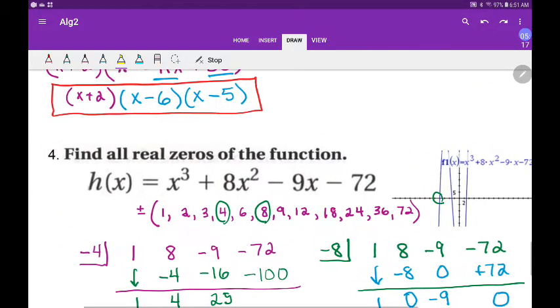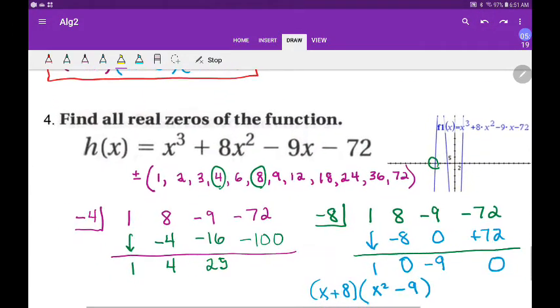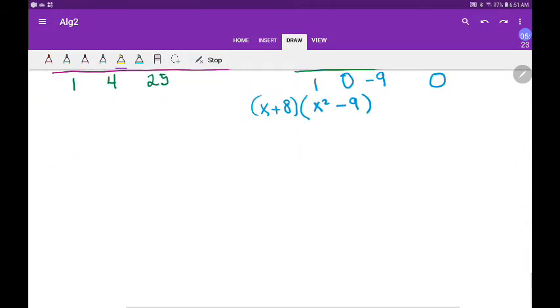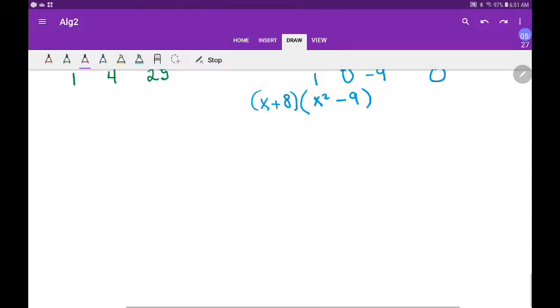Now the only question left is, can I factor this second part? And I can. So I'll repeat the x plus 8. But then this is the difference of two squares, so I can always factor the difference of two squares. There's no middle term because they're conjugates of each other.